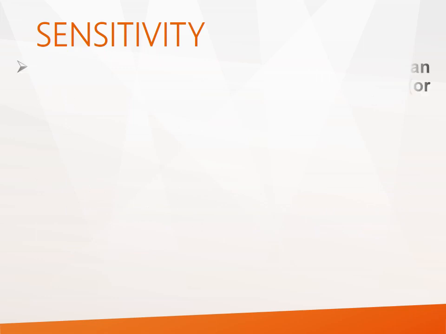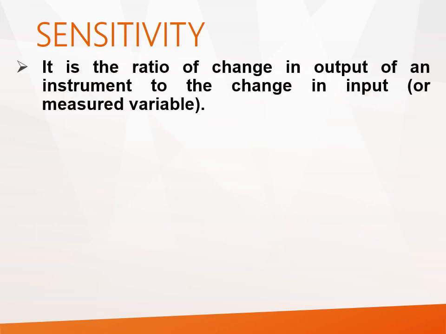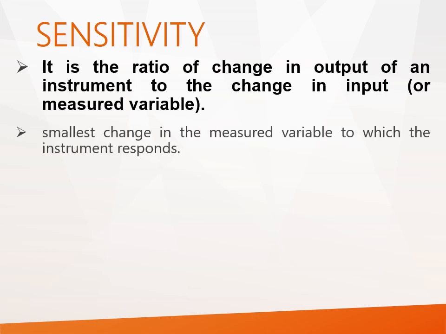Sensitivity. It is the ratio of change in the output of an instrument to the change in the input. The smallest change in the measured value to which the instrument responds. So whatever the change in the output, that should be reflected in the reading.